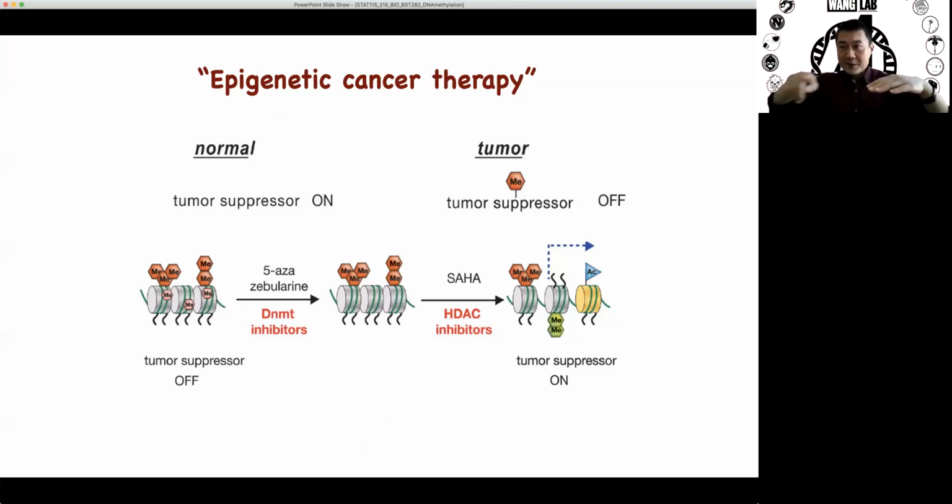Transcription goes through and you end up getting RNAs that can hybridize and form double-stranded RNA, right? When the cell sees double-stranded RNA, the cell will think, I've got a viral infection. They're going to activate an immune response. So people now believe that epigenetic therapy actually primes cancer cells for immune response, right?